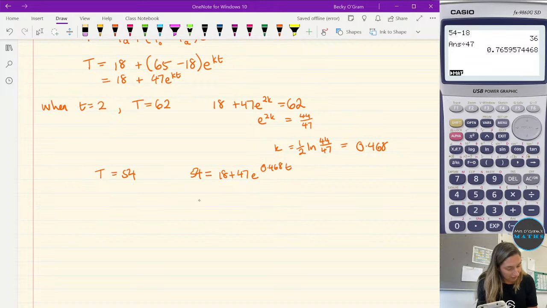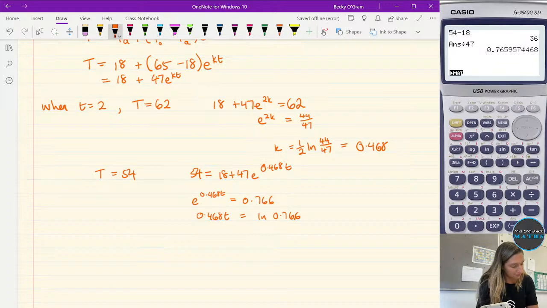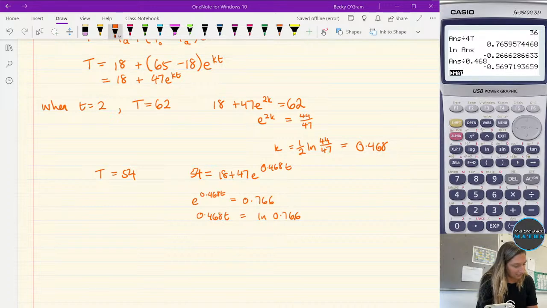So we have e to the 0.468t is equal to 0.766. So 0.468t is natural log of 0.766. And divide by 0.468.